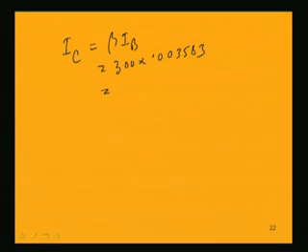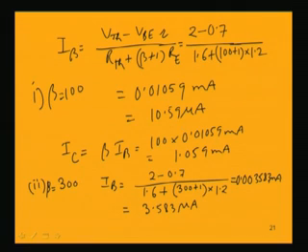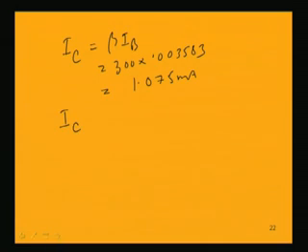So, now this different value of beta gives different IB. So, IC will also be different. In this case IC is equal to beta times IB, equal to 300 into 0.003583, that will be equal to 1.075 milliampere. So, in the first case the collector current was 1.059 milliampere for beta equal to 100.